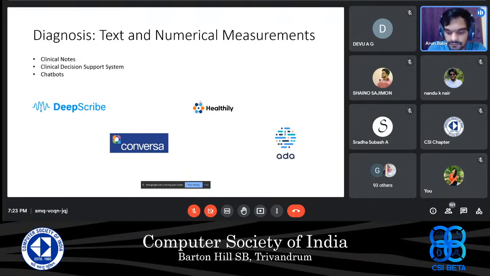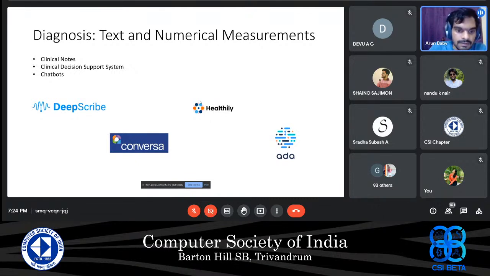Similar to the diagnosis part, we have a lot of areas where the textual data is analyzed for diagnosis. Here, the main technique used is NLP, which is natural language processing, and recently we have a lot of advancements in this field, and it is inspiring a lot of startups and researchers to build solutions that leverage NLP.